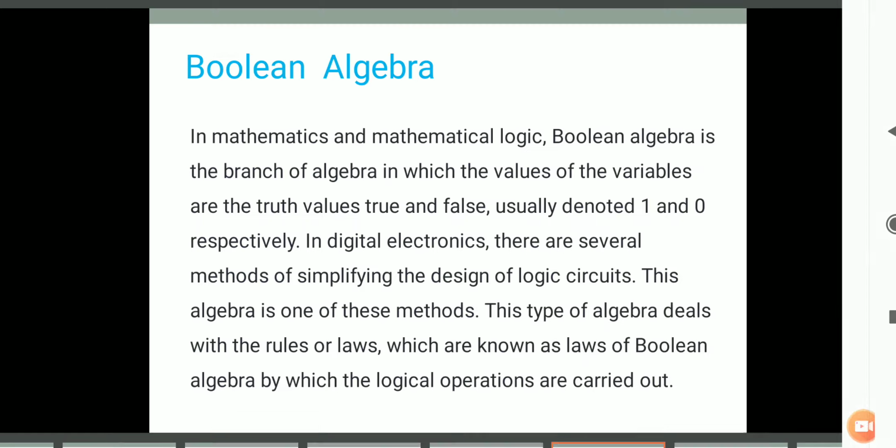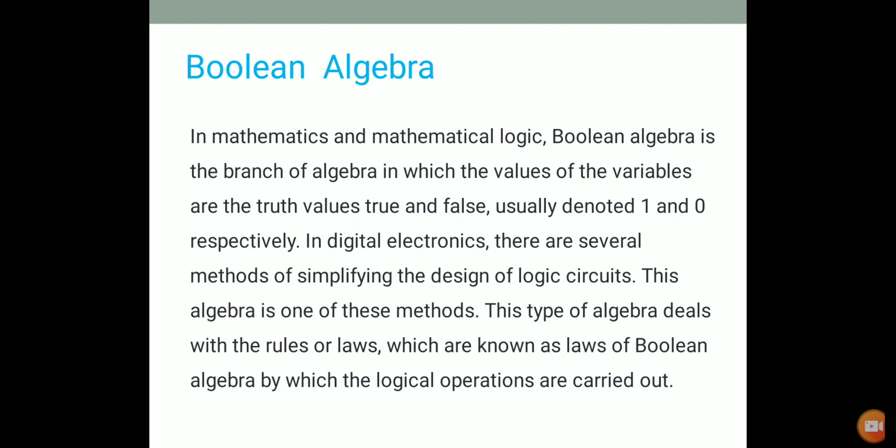Boolean algebra. In mathematics and mathematical logic, Boolean algebra is the branch of algebra in which the values of the variables are the truth values, that is true and false, usually denoted by 1 and 0 respectively. In digital electronics, there are several methods of simplifying the design of logic circuits.